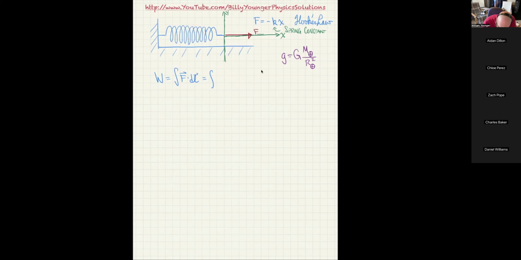And what's going to happen is the spring is going to stretch to a new position x. Let's call it x1 just to keep it different from the actual coordinate. So we're going to stretch that from x equals 0 to x1. The force we know is going to be k times x. And the dl is in the x direction, so that's just going to be dx.